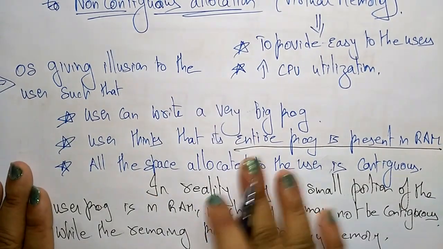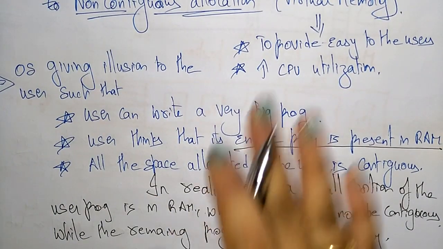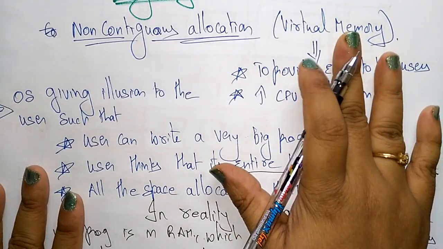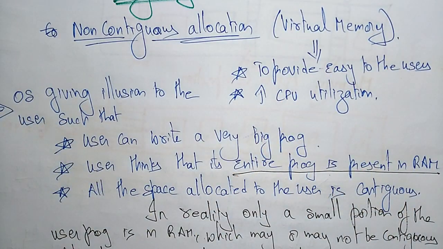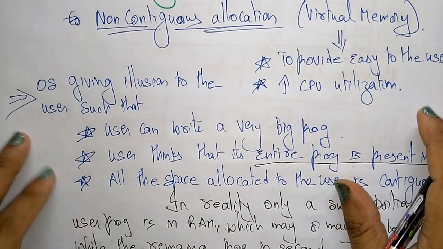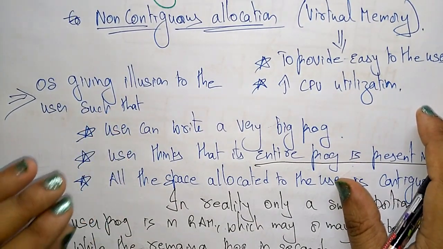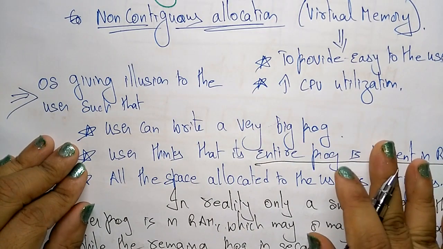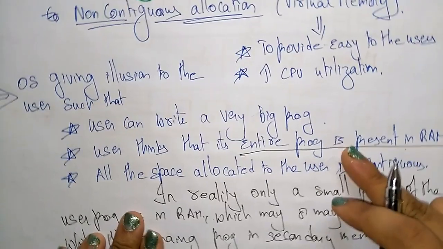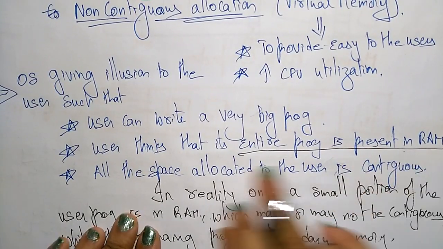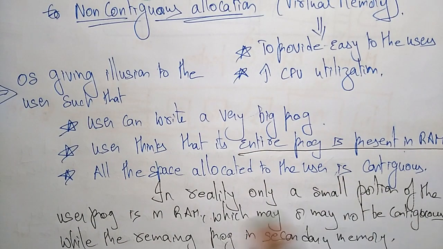Actually, what I am saying here is that non-contiguous allocation is also called virtual memory. Why are we using virtual memory? To provide ease to the users and to increase the CPU utilization. How does it increase the CPU utilization? It gives an illusion to the user, who thinks that they are writing a very big program, that the complete program is stored in RAM, and that the space allocated to the user is contiguous.